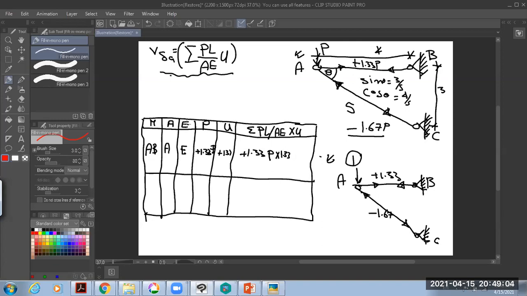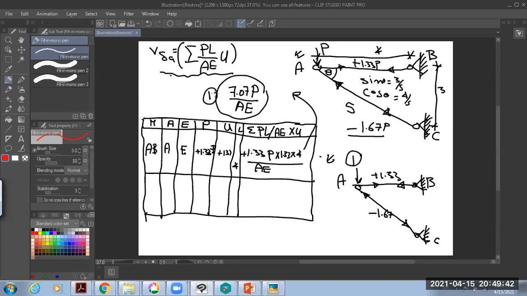L should be here, L equals 3 meter, 4 meter, multiplied by 4 divided by area E. Calculate this one. You will find it equals 7.07 B over area E. This is the first part.